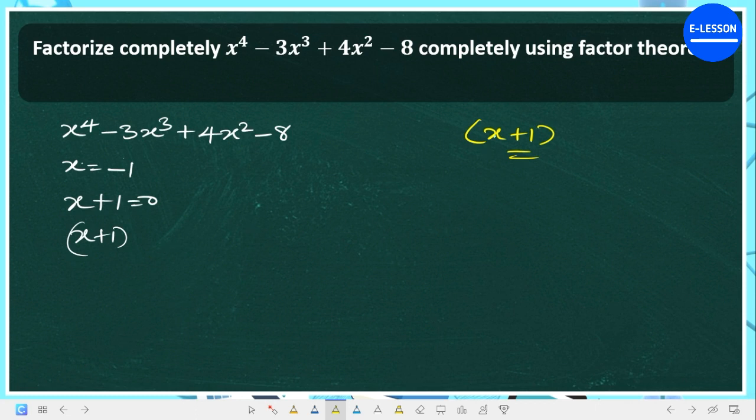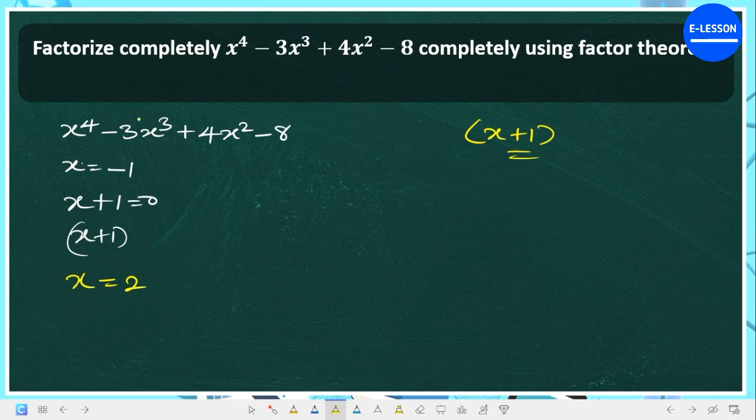First of all, we need to use this x plus 1 to divide this and see what is going to be left as the remainder. Or let's try other factors and see the one that will go. Let me try x is equal to 2 and see if it will go into this.